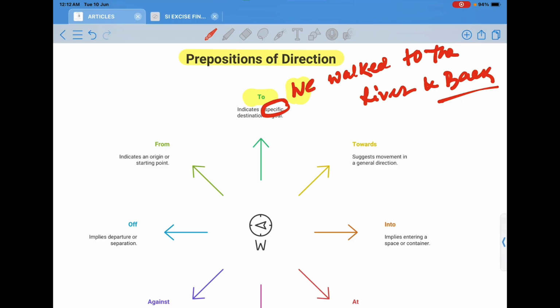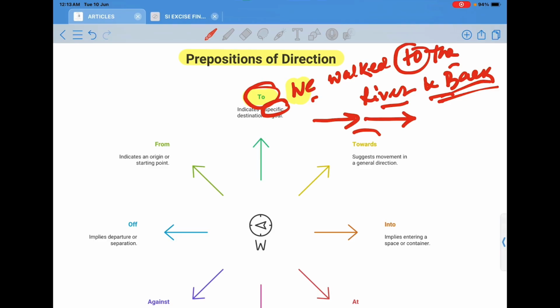In this situation, to will be used. When you are moving from one place to another, you will use to.